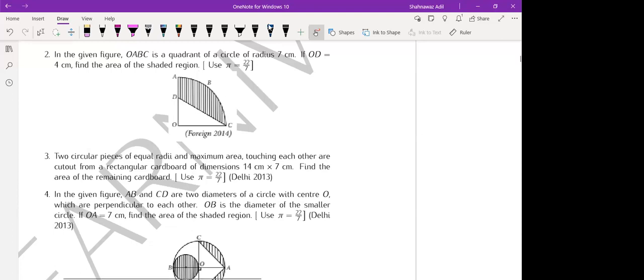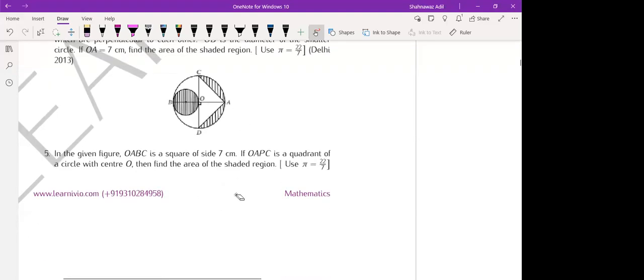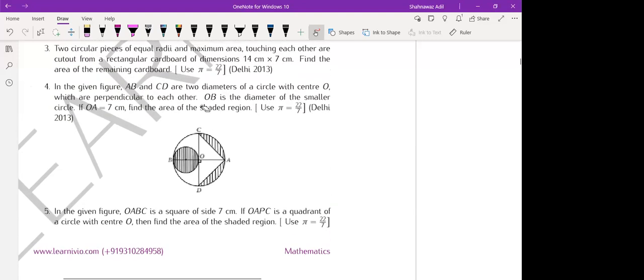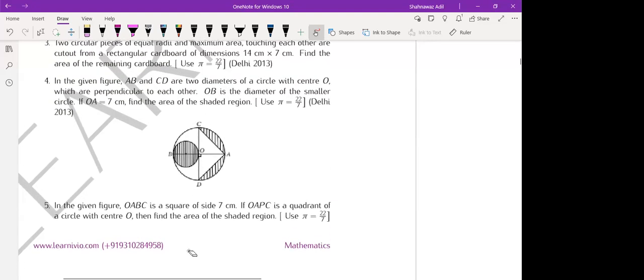Again, the area of the sector minus the area of the triangle. That is also correct. And what about this fourth one?